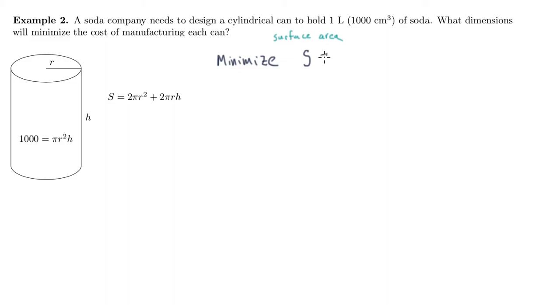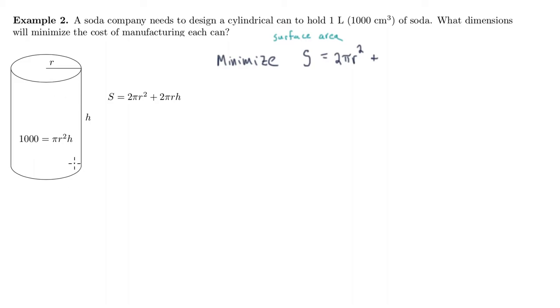And it's not too hard to see where the surface area is coming from. The 2 pi r squared is the top and the bottom. Each one has area pi r squared, so we just add those together. And then the outside of the can is really just a rectangle, right?